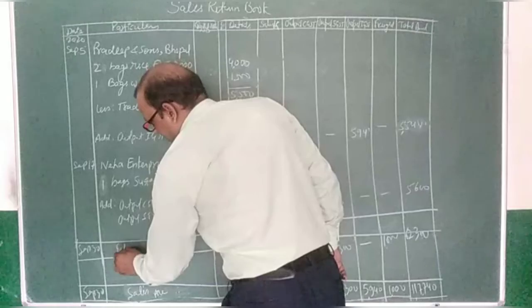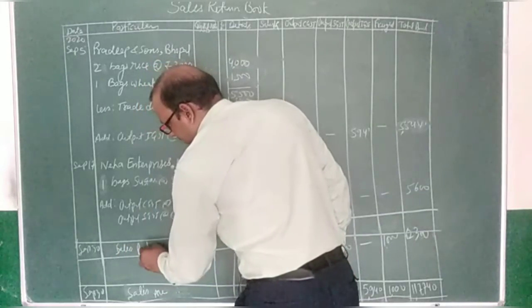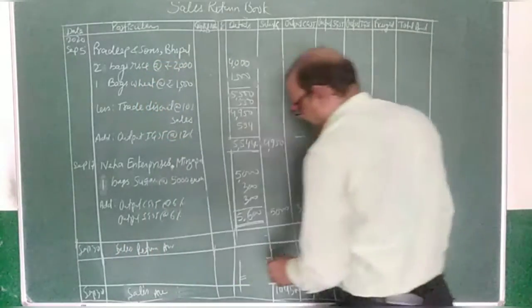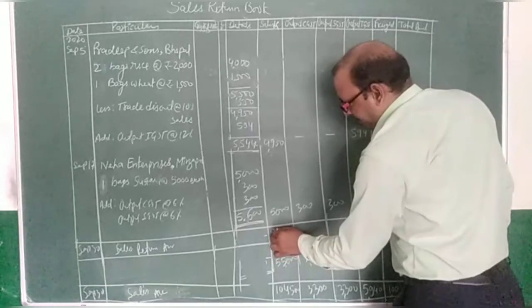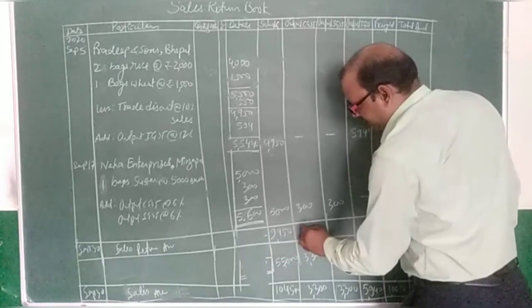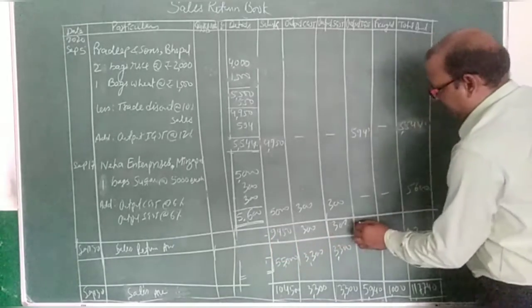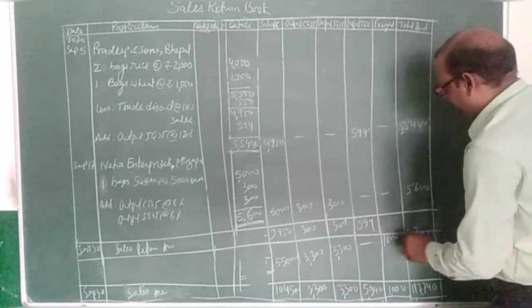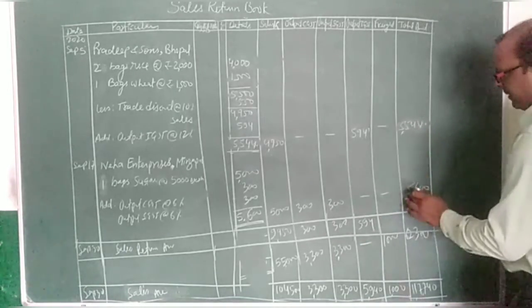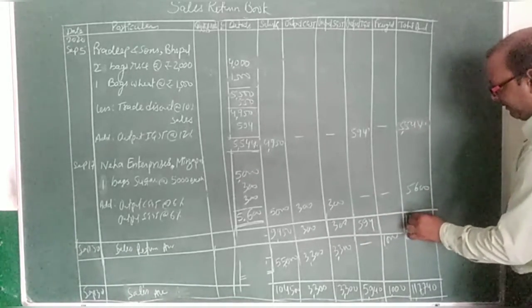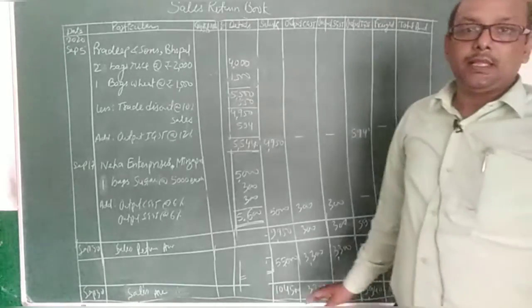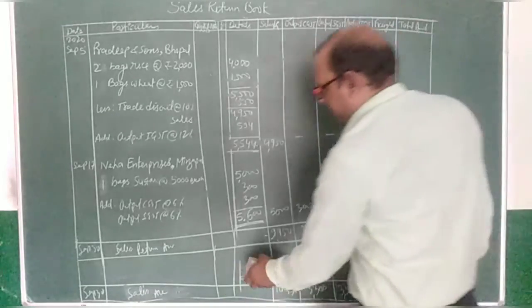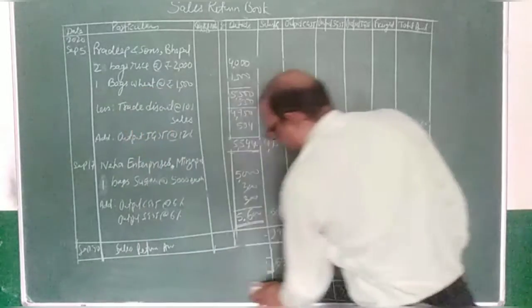It's a sales return account, then sales return account, and total it is 10,000, 600, 1,188, and 11,144. See, this is the way to prepare the sales return book.